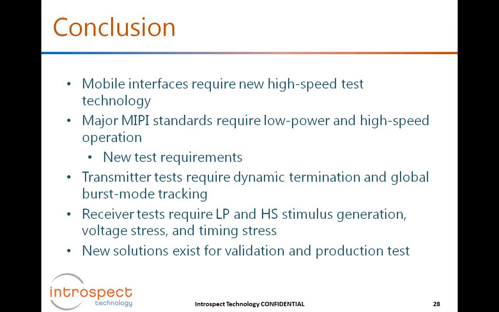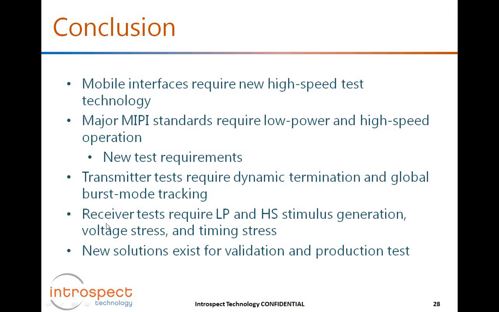However, they do require new test requirements, and we went through some of the new test requirements in this presentation. For example, on transmitter tests, MIPI standards or high-speed standards targeting mobile terminals in general require dynamic termination, require the ability to track burst mode operation, and to track global timings associated with low power and HS transmissions.